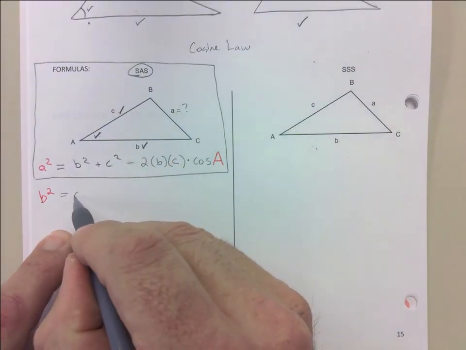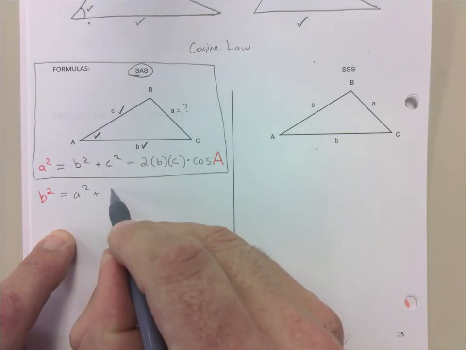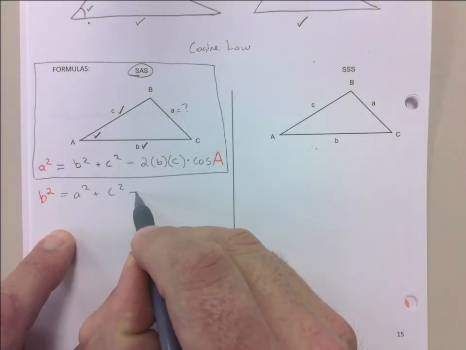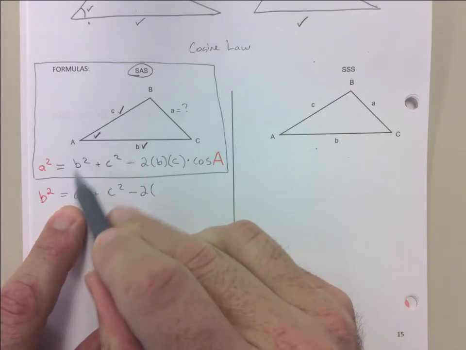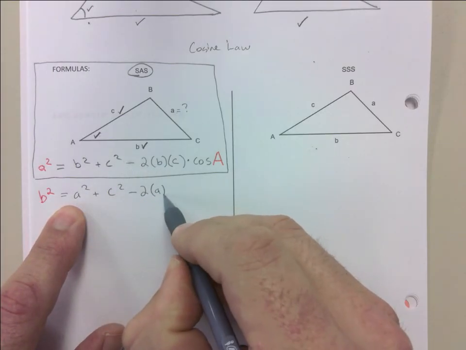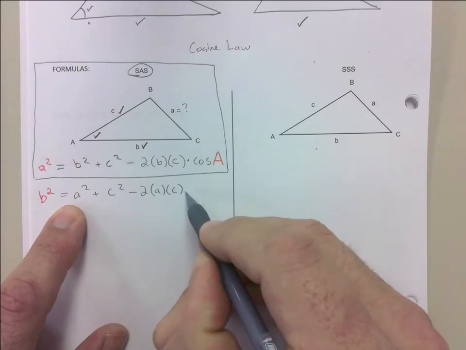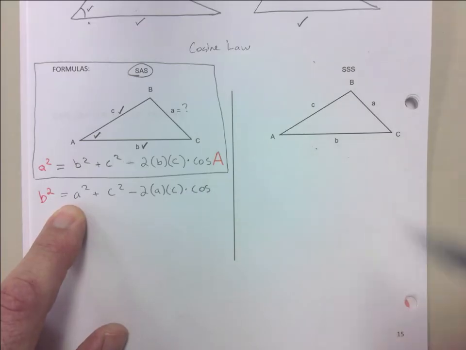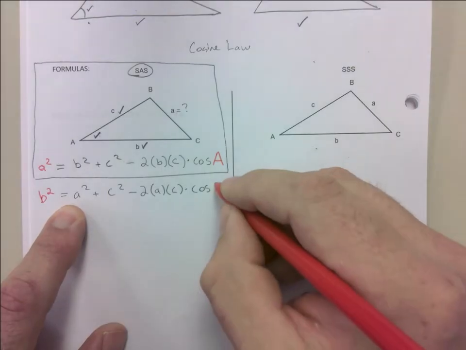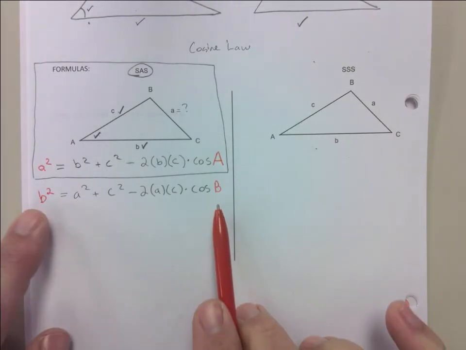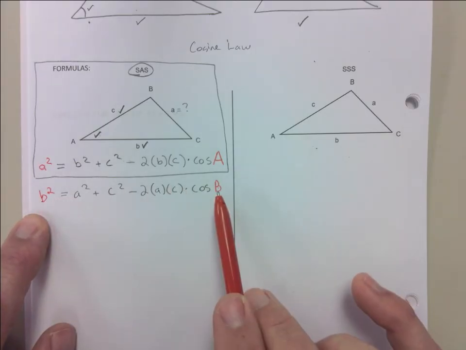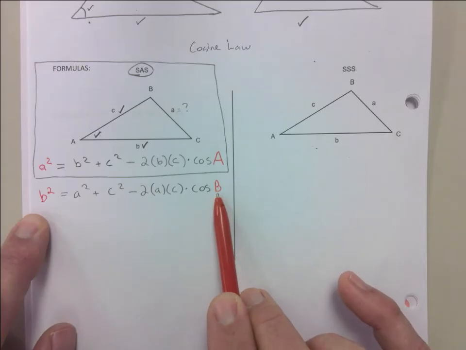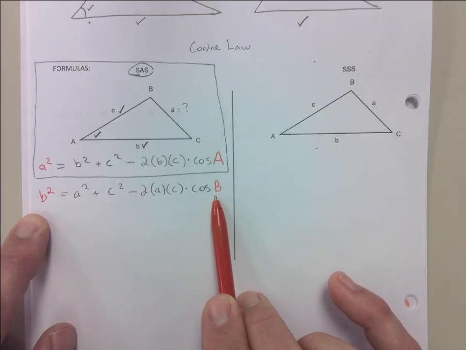So you would go A squared plus C squared minus 2 times what? A, right? Times C times cosine of capital B. So that's a pattern I want you to see, that in order to find side B, you must know angle B. You must know the angle across from it.